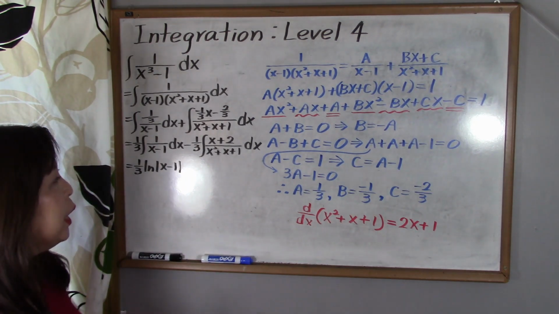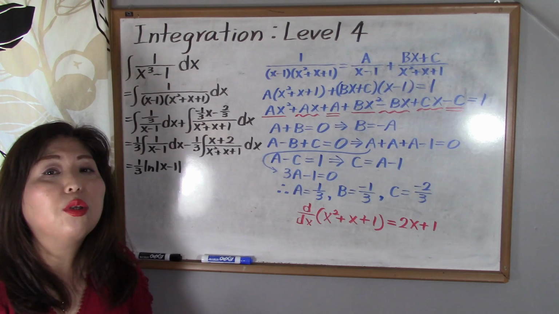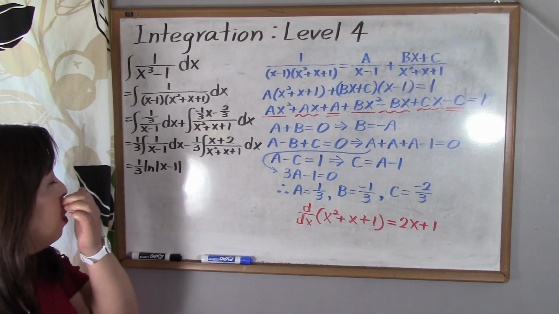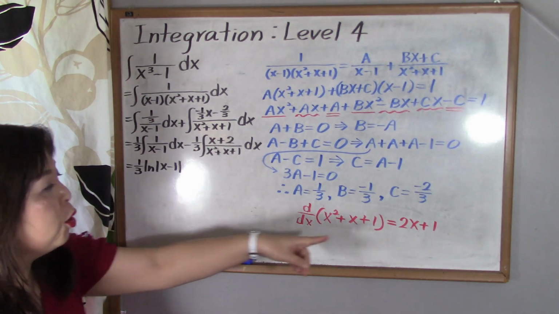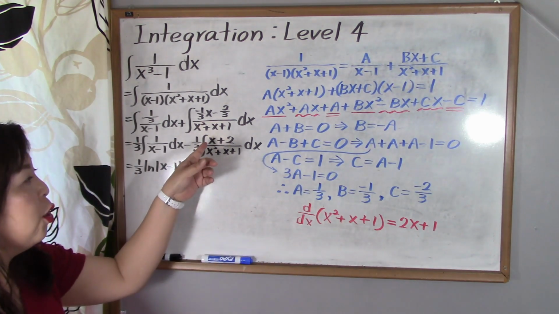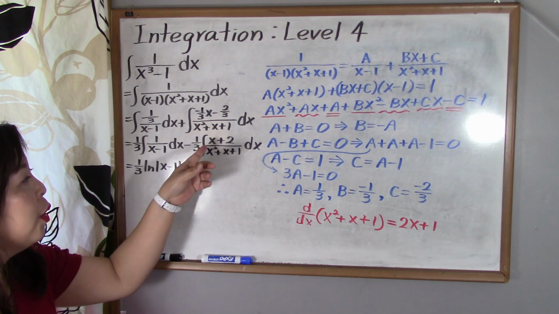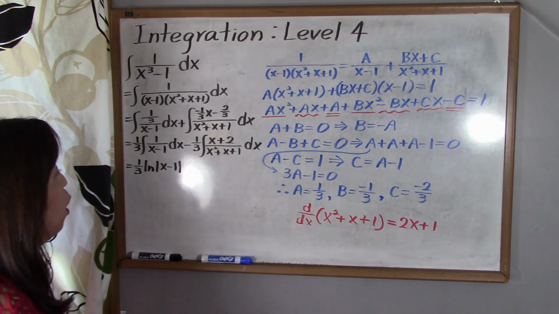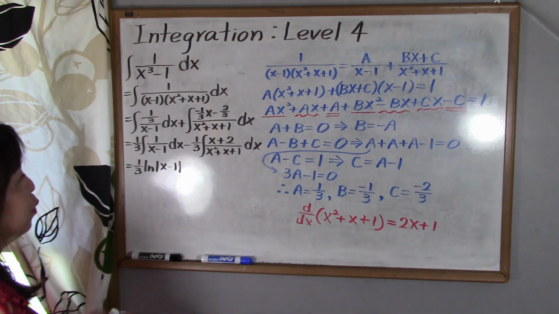So actually this is the chain rule. So we want 2x plus 1 in the numerator. So we're going to create 2x plus 1.